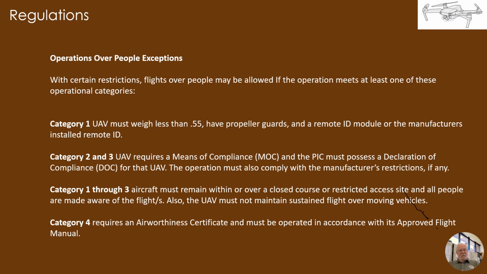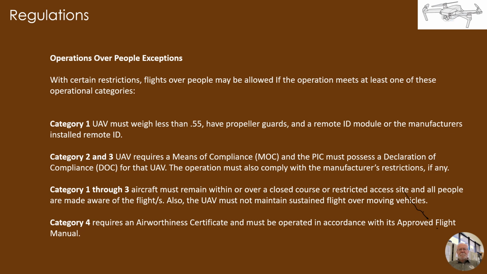You install propeller guards, and it still weighs less than 0.55 pounds. If it's a fairly new aircraft, it already has Remote ID, and then you can fly under certain conditions. You can fly over people.